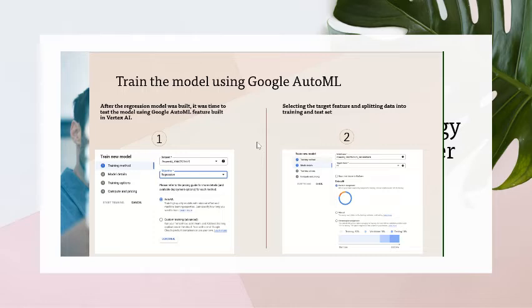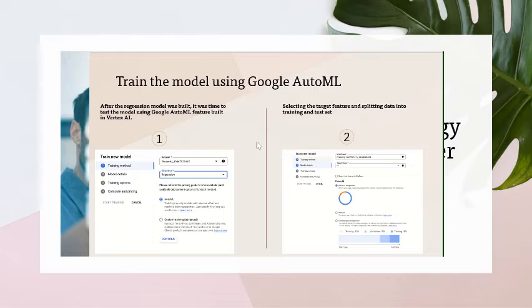The nice thing is it asked me which column, and I selected the net hourly electric energy output because this is what we are trying to predict. So the PE is my target column. And if you notice, the AI platform automatically splits the data into test data and training data.